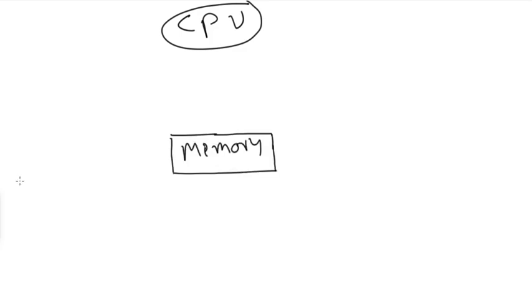Now let's try to understand how CPU interacts with memory. This is my CPU and this is my memory. There has to be some specific procedure by which CPU asks from memory and memory responds.